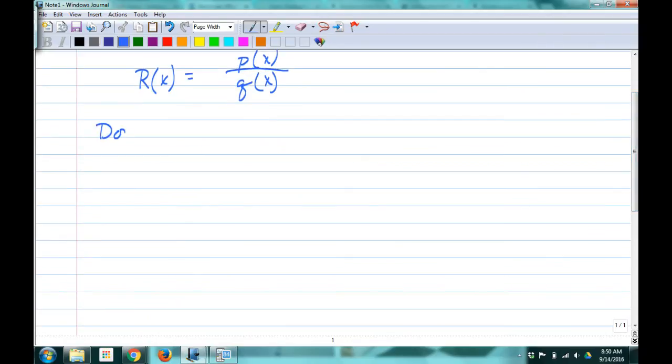Domain of rational functions. You've actually already done this some, just with fairly simple rational functions. If we're going to state the domain, we did this back in chapter 3, I believe.